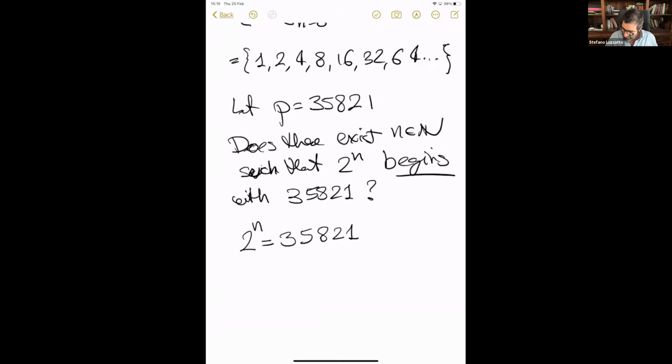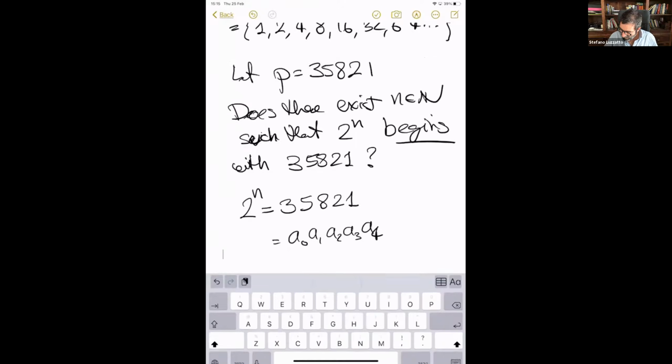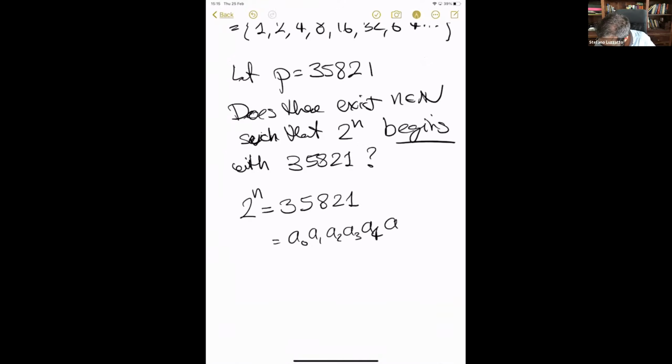So let me write this as A0, A1, A2, A3, A4, and then A5, A6, up to, wait, let me just check. I want to make sure I use the notation which I'm going to use. 35821 is an odd number, right?